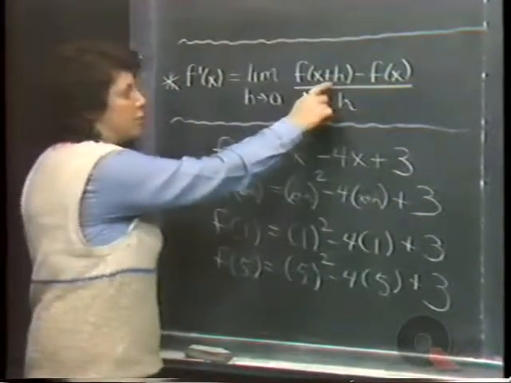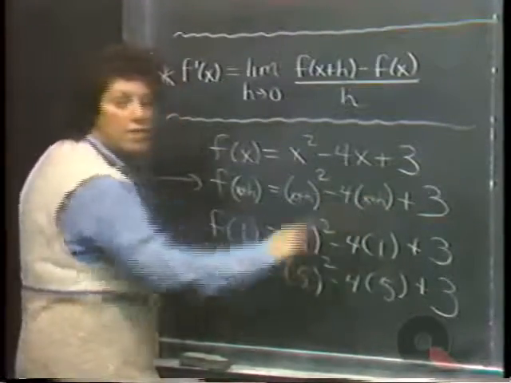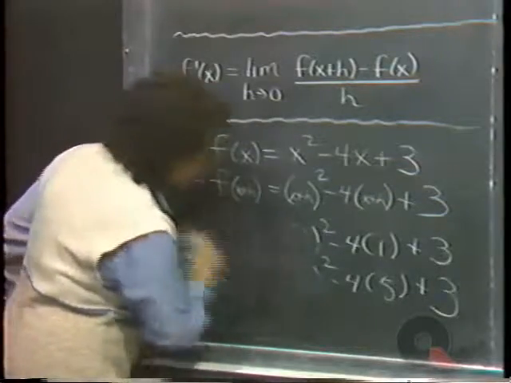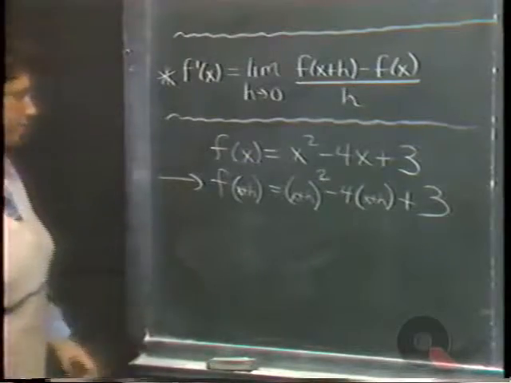So f of x plus h is (x plus h) squared minus 4 times (x plus h) plus 3. This is what we're going to need in order to get started in calculating the derivative of this particular function.